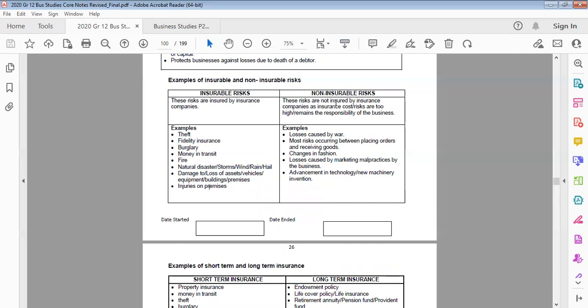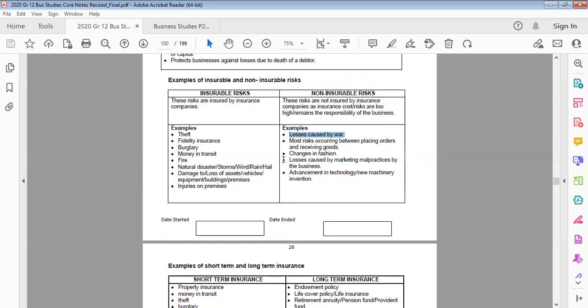Okay, basically, the reason is that the risks are too high, so they remain the responsibility of the business. I think it's mostly based on the risks being too high. So the insurance company would be bankrupt, for example, if they had to pay out the losses caused by war.